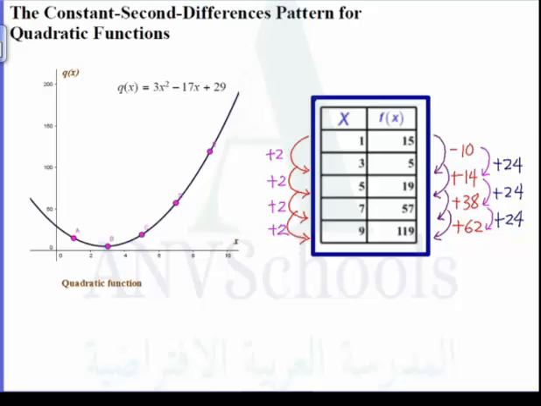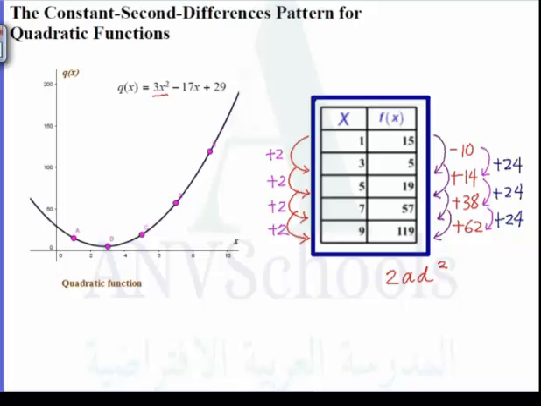So this second difference is actually equal to 24, which gives us our value for the quadratic function, which is twice the coefficient of the quadratic term times the square of the difference between the x values.